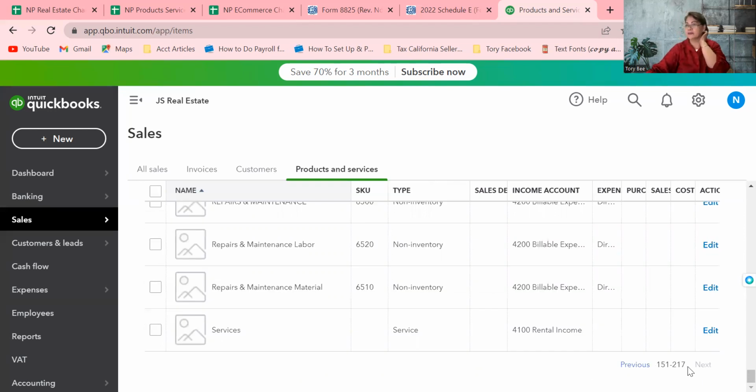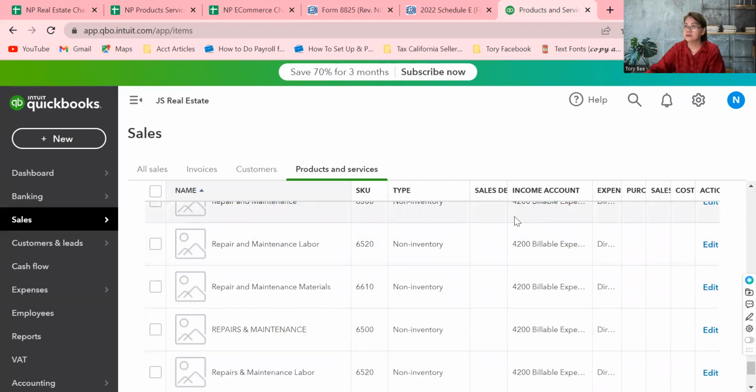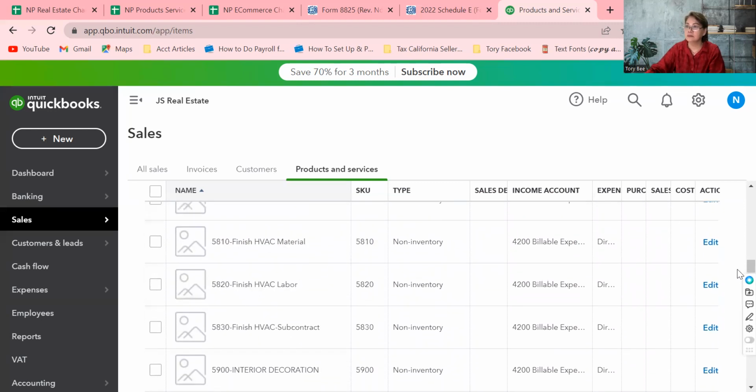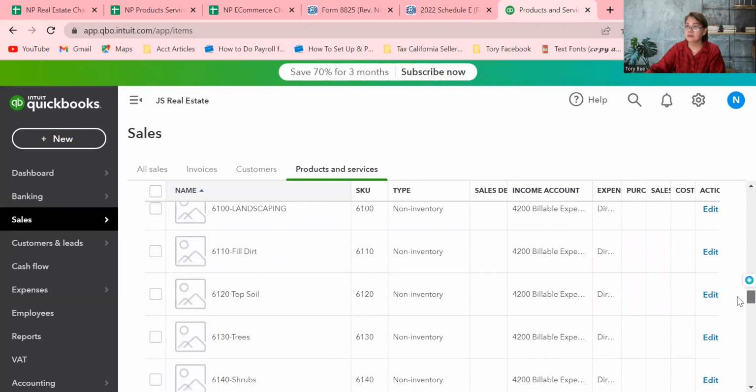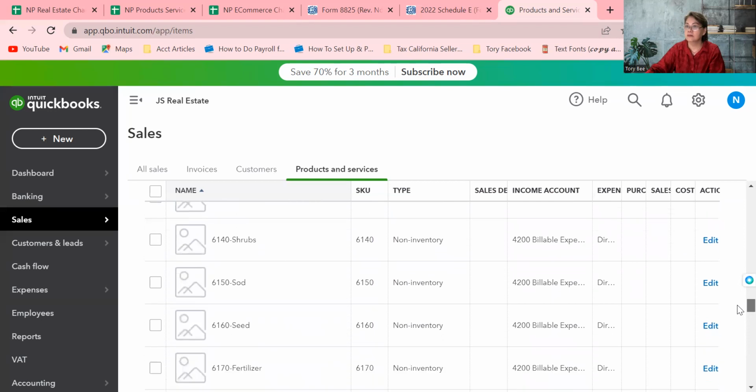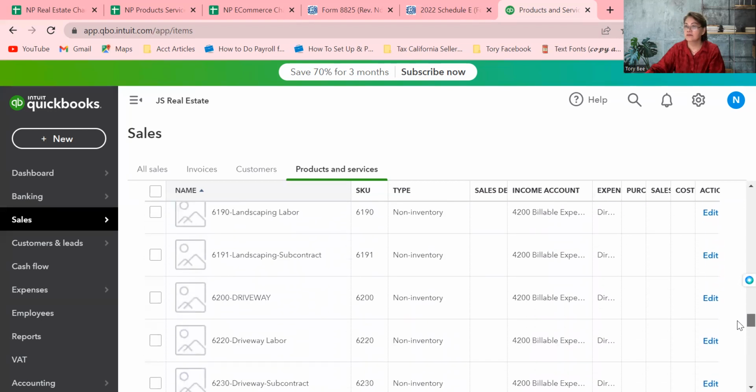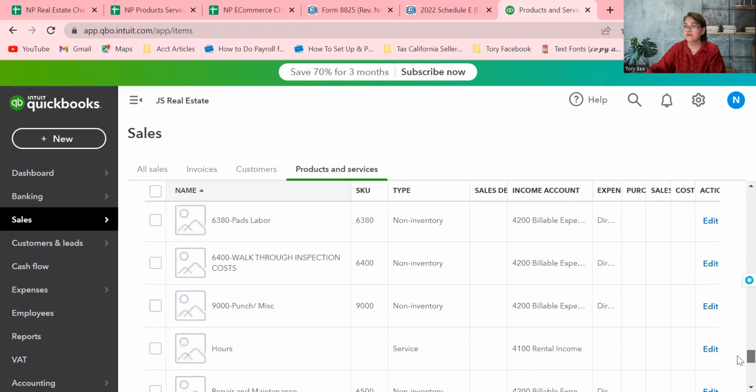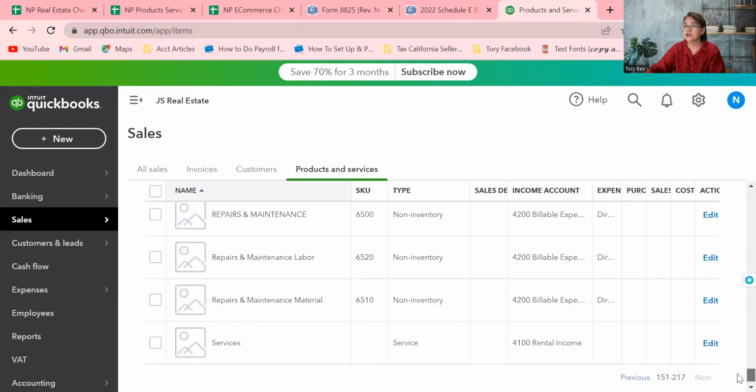Ah, it's here now. Okay. So 6520 is the repair and maintenance, material and labor. Thank you, Lord. And 6610 is here too. Okay, we did it.